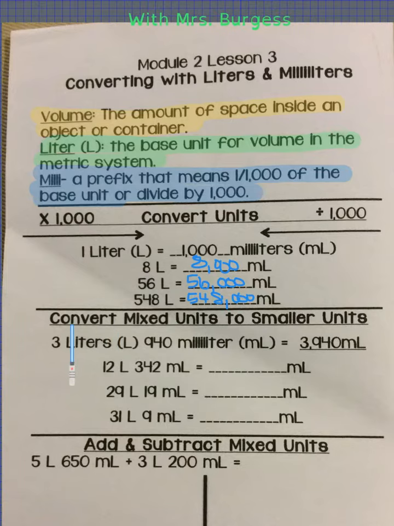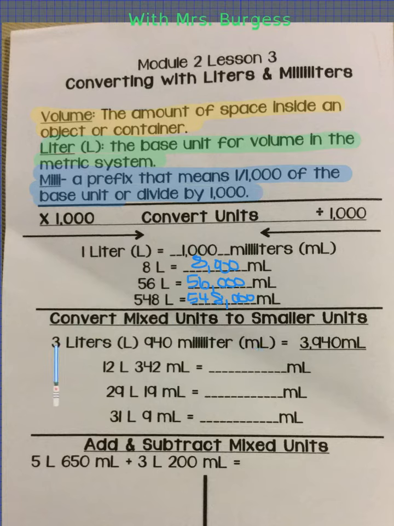All right, so we're going to try to convert mixed units to smaller units. All right, we've done this before in the other ones. So if I have 3 liters and 940 milliliters together, I need to convert them all to the smallest unit, liters or milliliters. Well, milliliters are smaller because milli means 1/1000th or 1,000 times smaller.